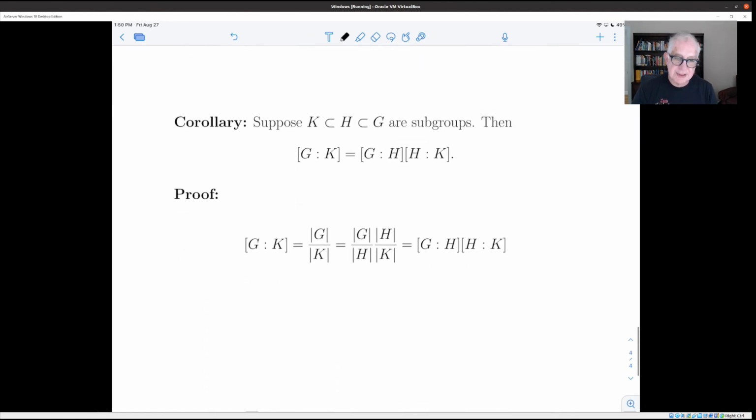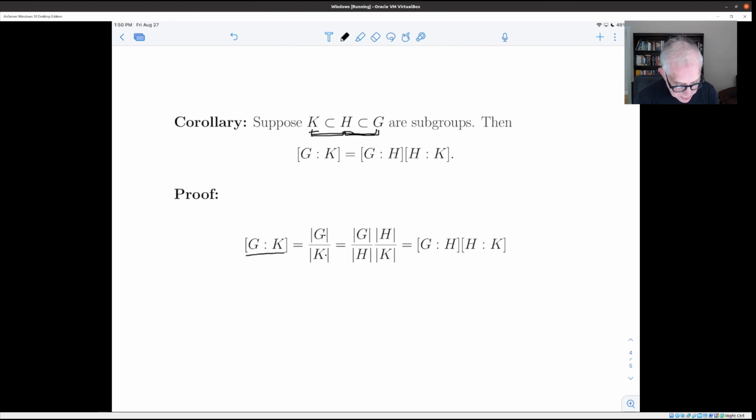And one other little calculation which can come in handy is if you have a subgroup of a subgroup, then the indexes multiply, kind of in towers. That is to say, the number of cosets of K in G is the number of cosets of H in G times the number of cosets of K in H. And the proof of this is you use Lagrange's theorem to say that the number of cosets of K in G is the order of G over the order of K. That's Lagrange's theorem written, so to speak, solving for the index.